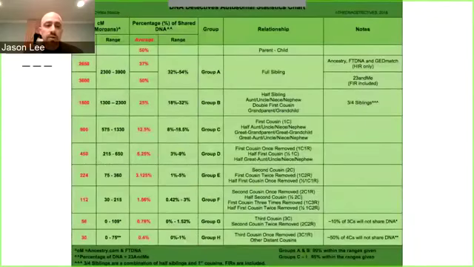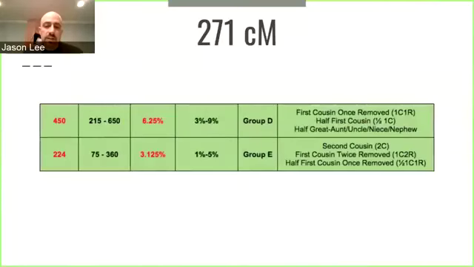And you can approach this different ways. There are many tables scattered across the internet and Pinterest groups and blogs and other resources. In this case, 271 centimorgans takes us to Group D and Group E on the green DNA Detectives chart that you often see shared in the Facebook groups.